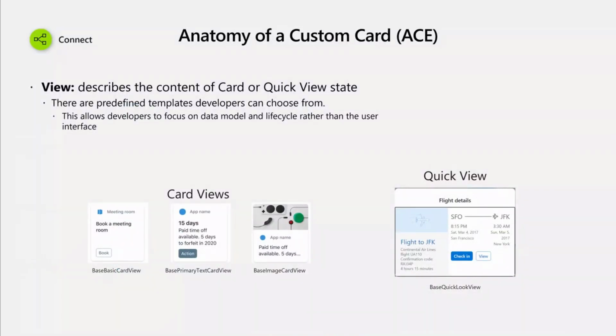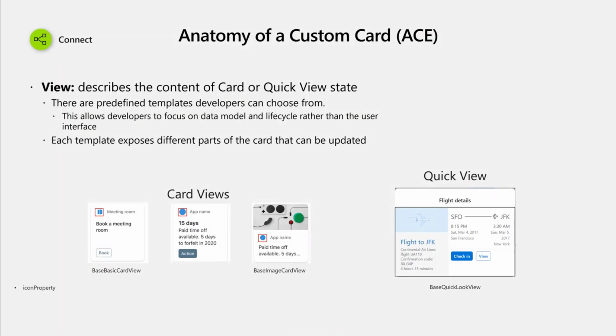When you create a card, you have the ability to have views, which describe the content of the card or a quick view state. You can have different views, but at the beginning we will have three different kinds of views, and you can have more later. Depending on the view, you will be able to have different attributes available at runtime or at code time. So for example, you can have an icon property. The icon property is available everywhere. The title is also available on all of the views.